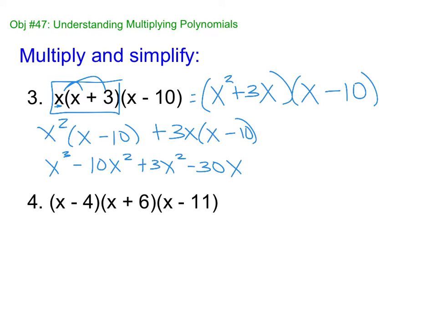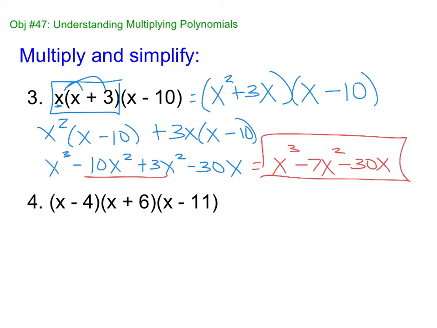No, this is right. Okay, I got confused. All right, those middle 2 are going to go together. So x cubed minus 7x squared minus 30x, and that's your answer. So notice there's only 3 terms, okay? Because this one is just a single, that's why that happens.